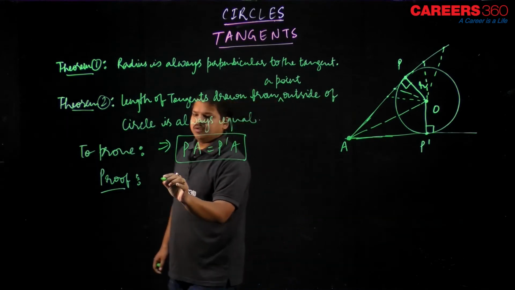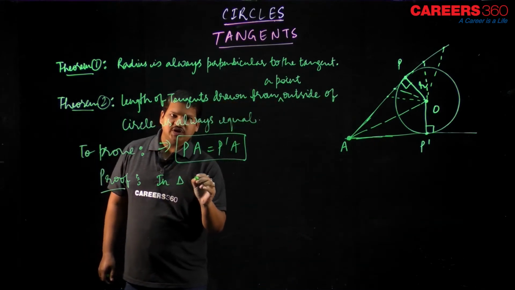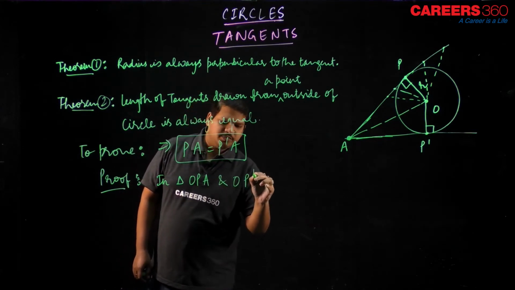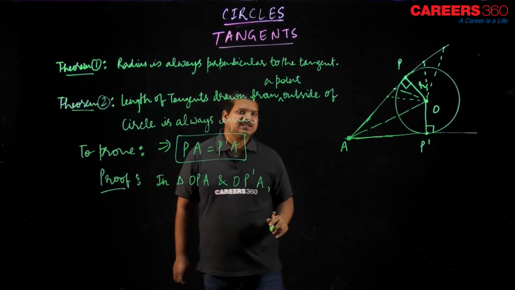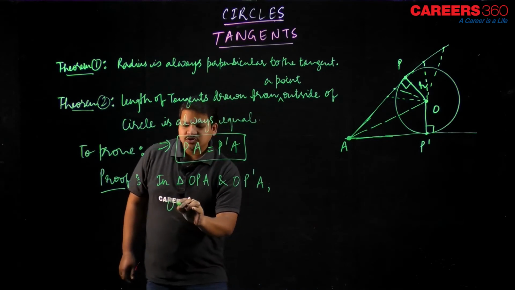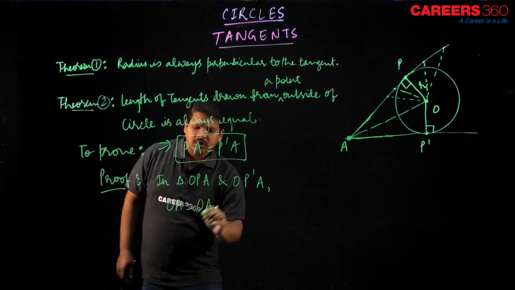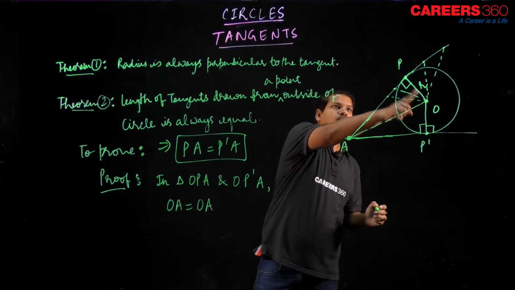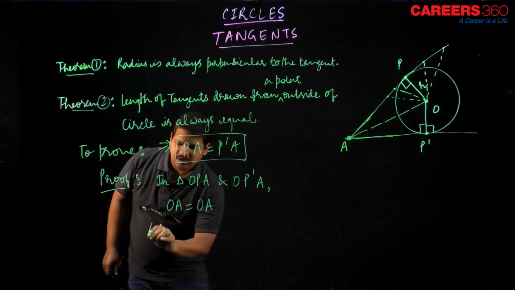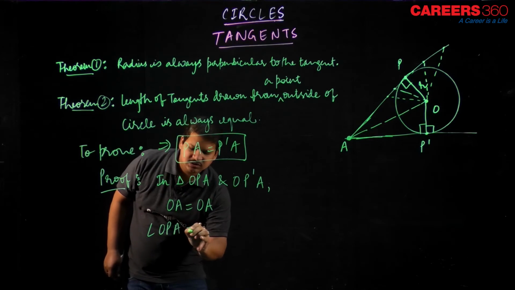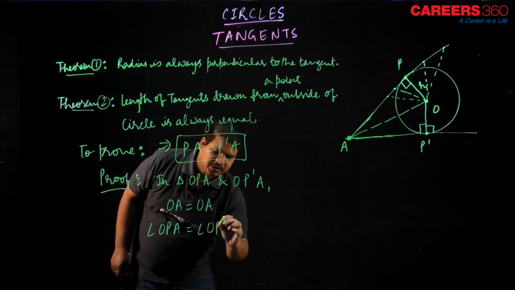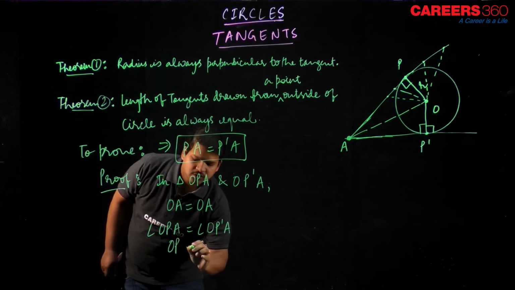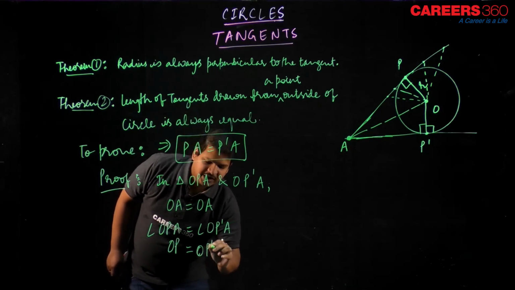Now in triangles OPA and OP prime A, OA will be equal to OA, and this angle is 90 degrees, this angle is also 90 degrees. So angle OPA is equal to angle OP prime A, and obviously OP will be equal to OP prime.